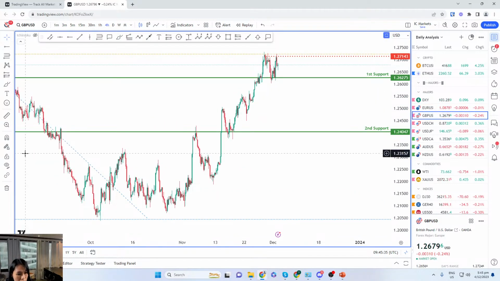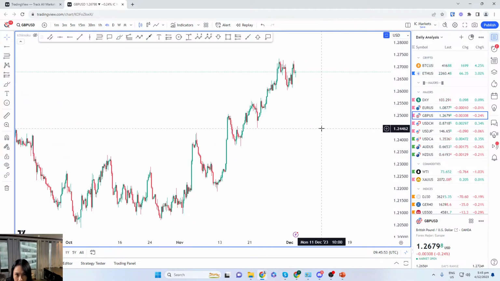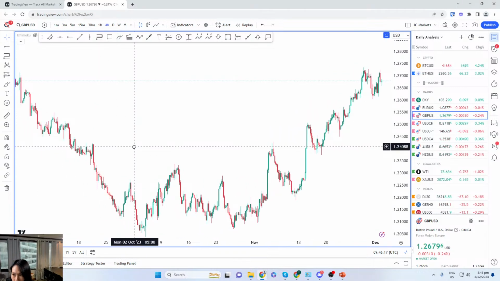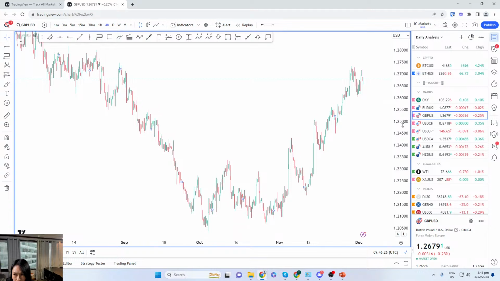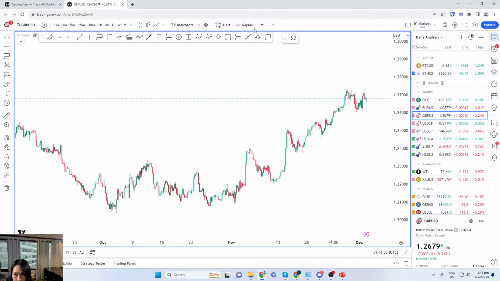Okay, next up, let's look at pound dollar. I'm gonna remove everything and find the first support level.